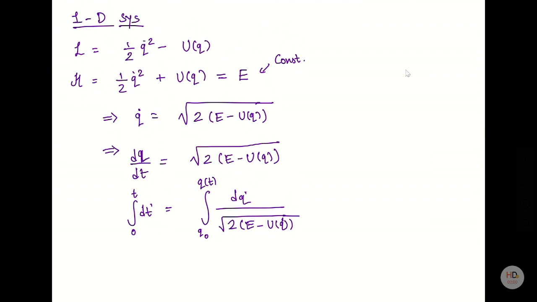Since from the Lagrangian we have a second order differential equation, we should have two constants of motion. The first one comes from the total energy, and the second is from the initial condition. I mean, the energy is also fixed by initial conditions, but there we have two constants. So this is the formal solution. In principle, you can solve any 1D problem now using this equation.